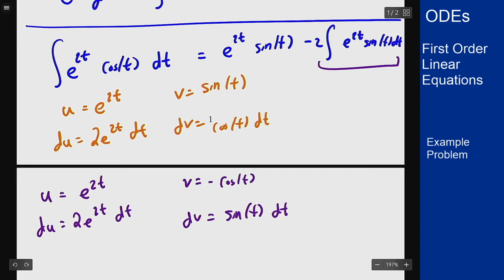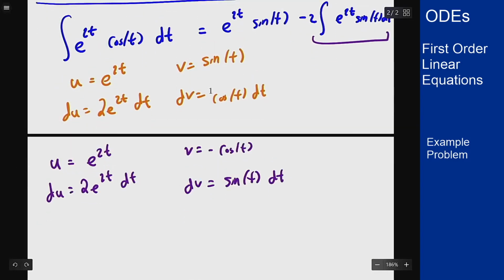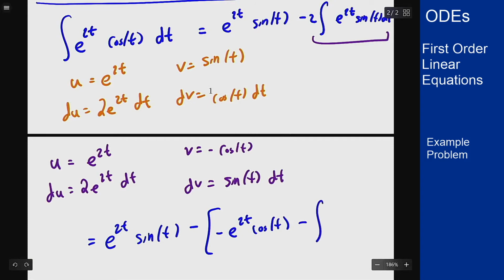The next step here gives me an e to the 2t sine of t from that first part. I'll have a minus uv, which is negative e to the 2t cosine of t, minus the integral of v du, so negative cosine of t times 2e to the 2t dt, and I'm missing a 2 out front of this entire integral from that 2 I factored out in the first place.